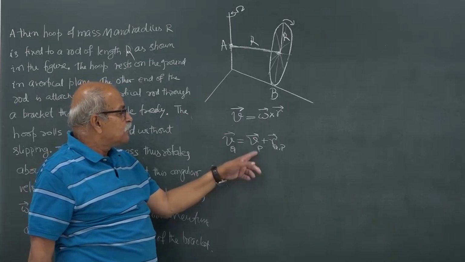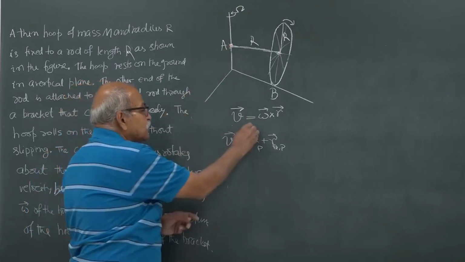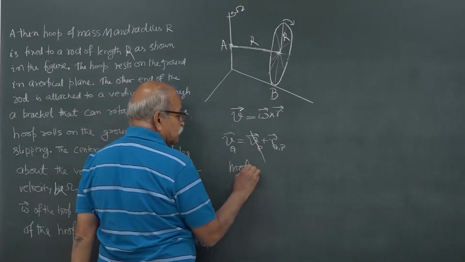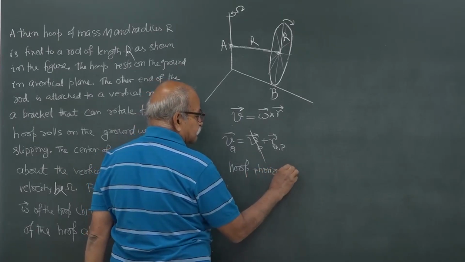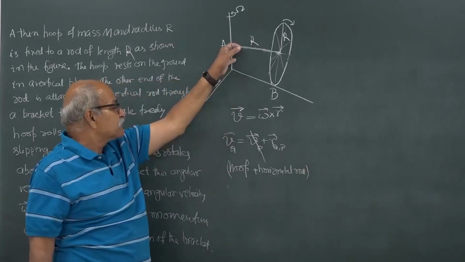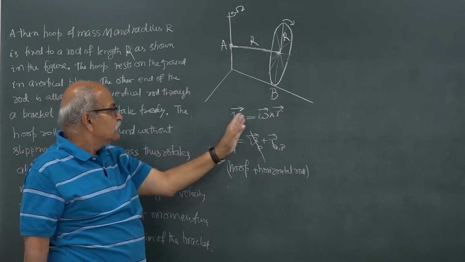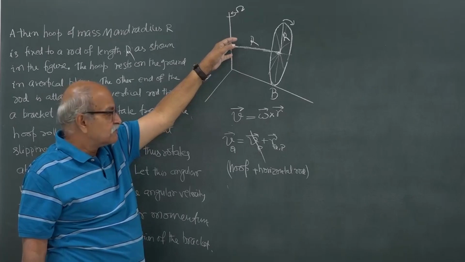But if you pick up the right point, and here we are picking the right point which is 0, this will be our system, hoop plus that horizontal rod. We will consider this as the system, and this will be our reference point, which is at rest, and therefore we have just v equal to omega cross r if I use this point as the reference.